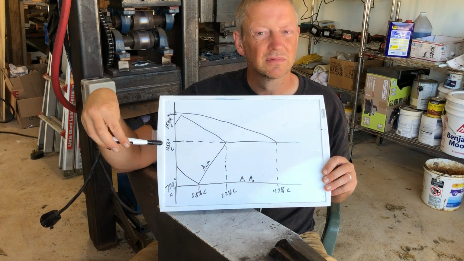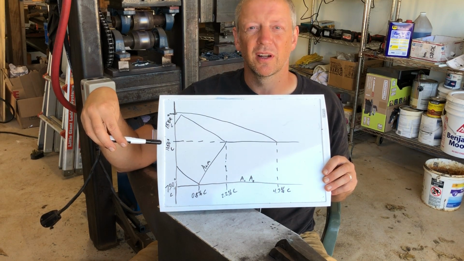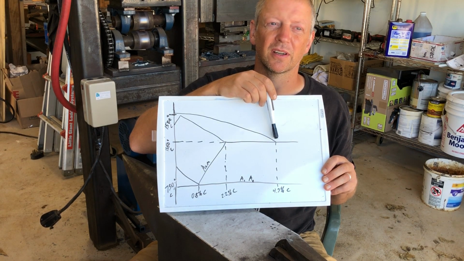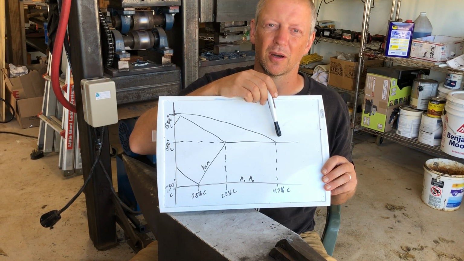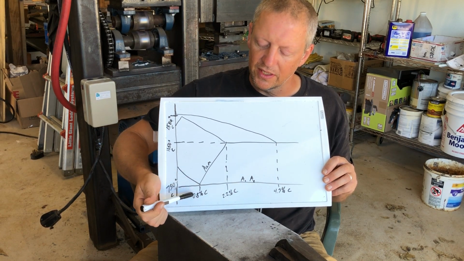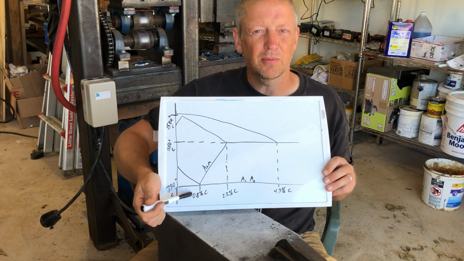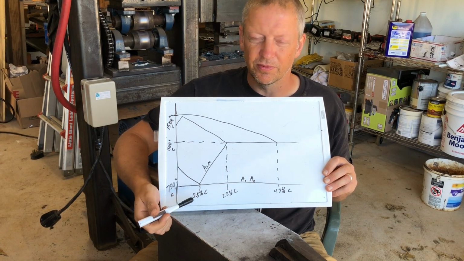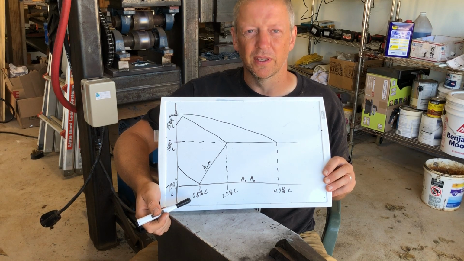So again, that melting temperature, 1150 Celsius, the eutectic point, way over here, about 4.3% carbon. So here at 0.8% carbon, we have what is referred to as the eutectoid point.